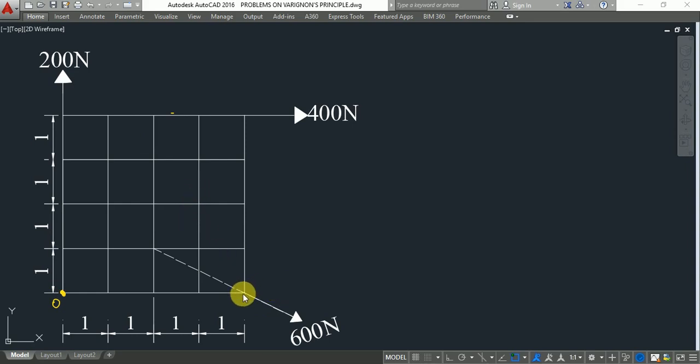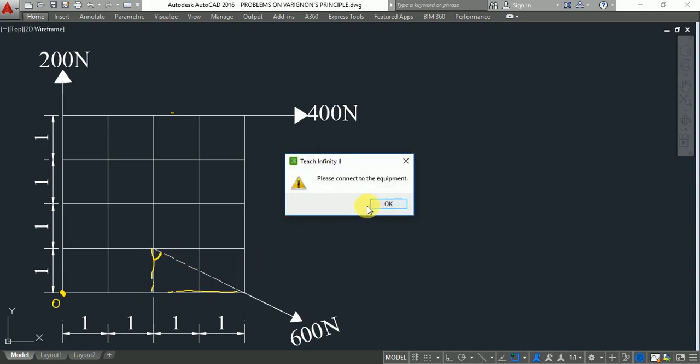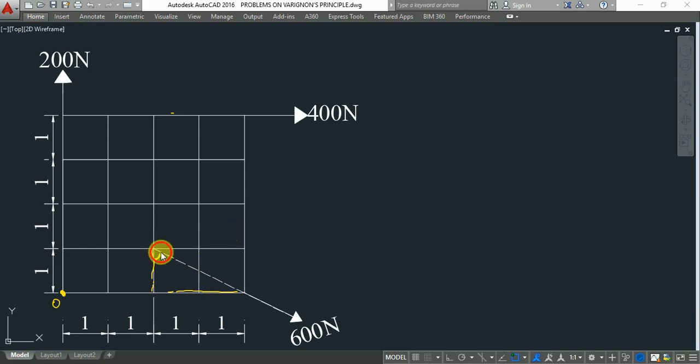First I need to know what is the angle, either this angle or this angle. To know that, I need to calculate this angle theta. How to calculate? This is 2 meter and this is 1 meter. This is forming a triangle, and this is angle theta.